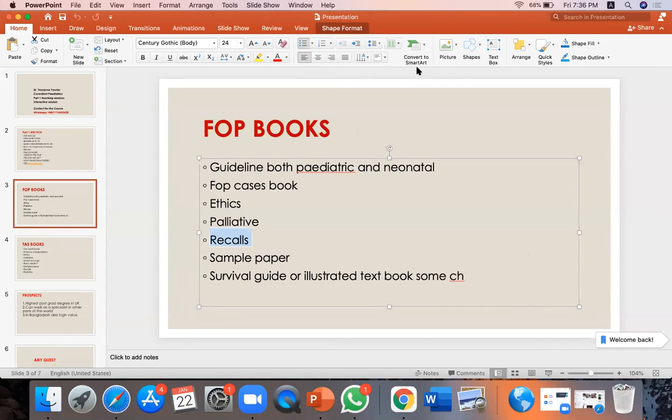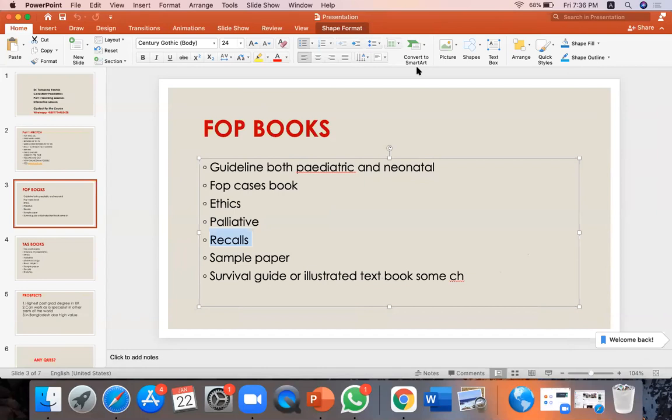Every exam they ask the mechanism of action of salbutamol, its relation with metabolic acidosis, alkalosis, potassium balance and sugar balance. When you do recall, you will see some questions coming every year. That means these are their favorite questions.